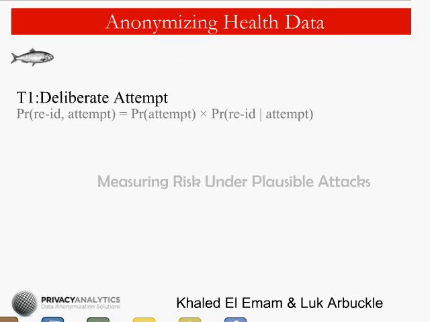So probability of attempt can be evaluated using a subjective evaluation scheme, but it uses checklists and so on, and considers security and privacy practices that the organization has in place. It looks at whether they have signed a contract, whether certain clauses exist in the contract prohibiting re-identification or not. So there are subjective ways to evaluate probability of an attempt that are defensible. They have very strong face validity.